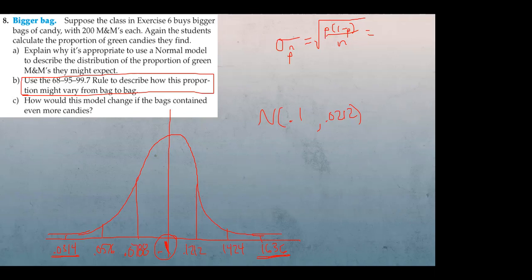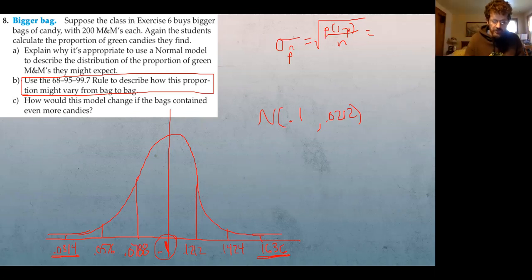The standard deviation will get smaller. And keep in mind for both of these, and I'll show for both. For sampling distributions of means, it's divided by the square root of n. For the standard deviation of the sampling distribution of proportions, it is also divided by the square root of n. That's going to be the square root of p times 1 minus p, divided by n.